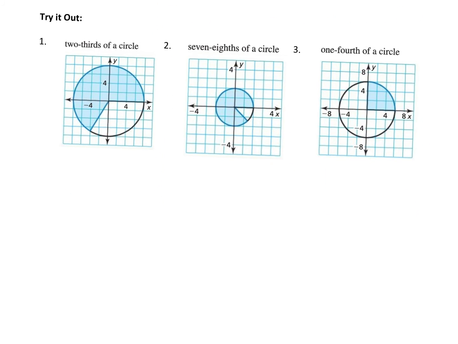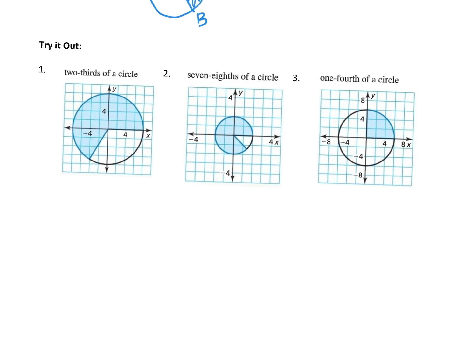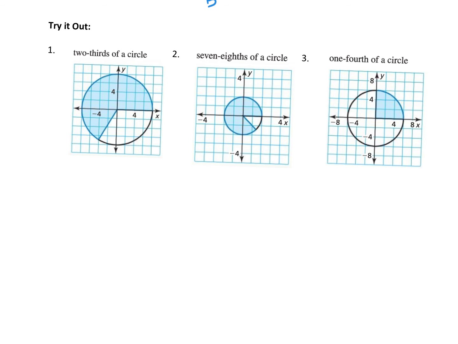Okay, so let's try this out. Number one, 2/3 of a circle, and we want to find the area. So they already gave us the ratio, so I don't have to do that. The angle divided by 360, they're already given by proportion. So this means this here is 8.